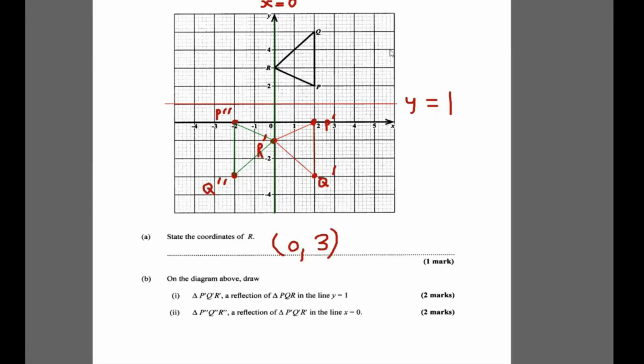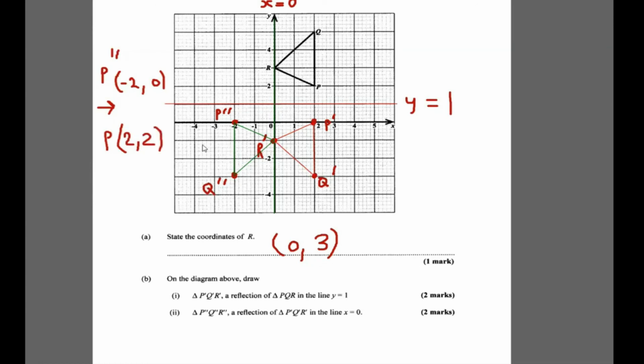So I notice that P double prime is the point -2, 0, and it is mapped to P. P is the point 2, 2.